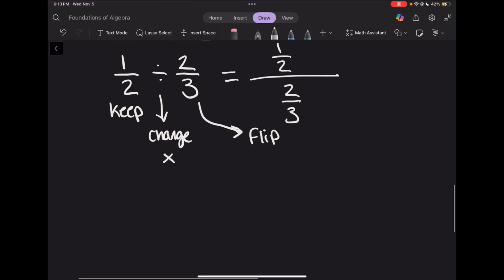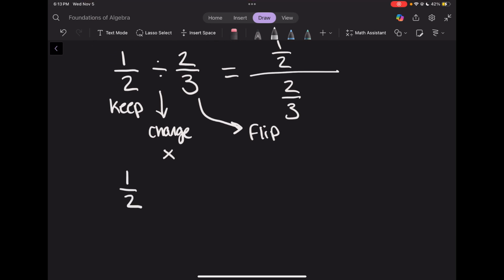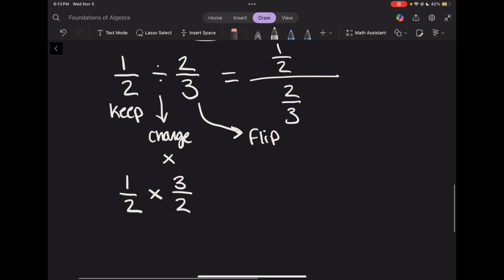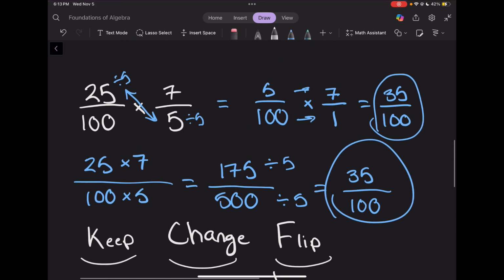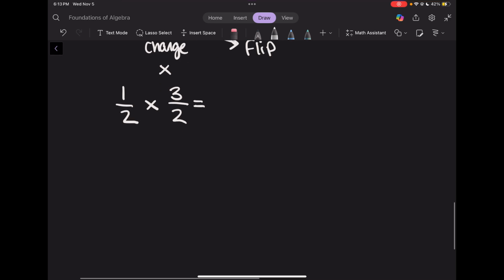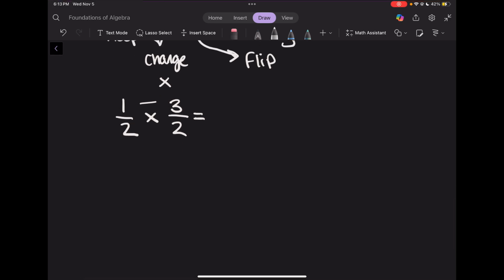So we're going to keep this. We're going to change it to multiplication, and then the 2 and the 3 are going to switch spots. They're going to flip. And so now I have a multiplication problem, and what can we do? We can multiply across. So 1 times 3 over 2 times 2, which gives me 3 over 4.